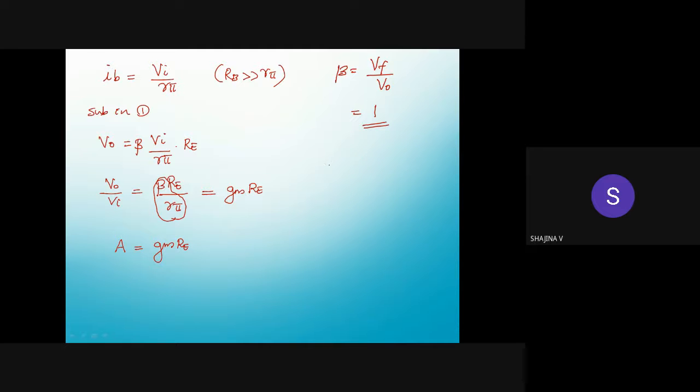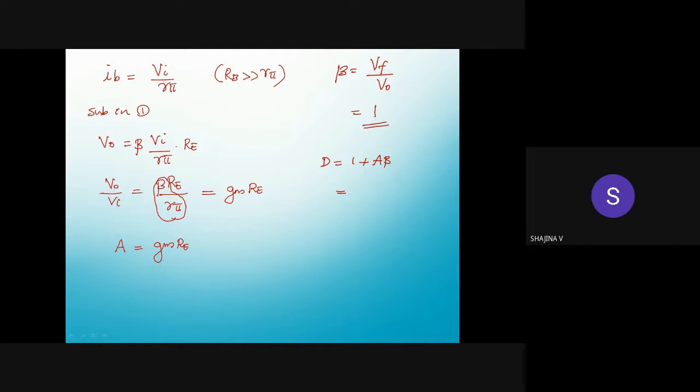Now we can write the desensitivity factor D. That is D is equal to what? 1 plus A beta. Because ഈ ഒരു പാരാമീറ്റർ കിട്ടുവാണെങ്കിൽ you can find the effect of feedback. That is by multiplying or dividing, we can find the effect of feedback. So D is equal to 1 plus A beta.